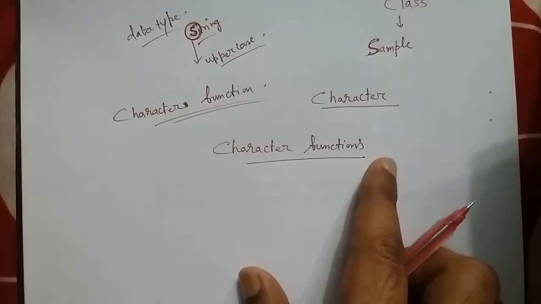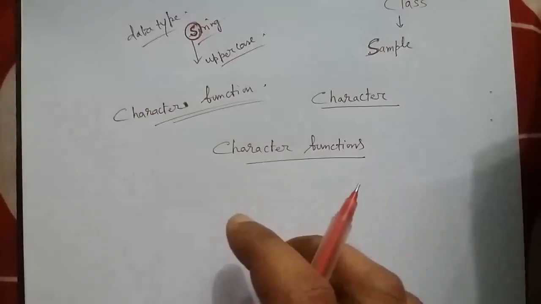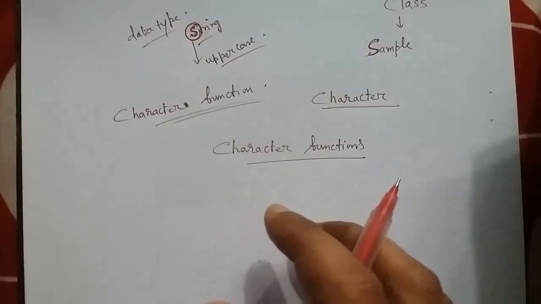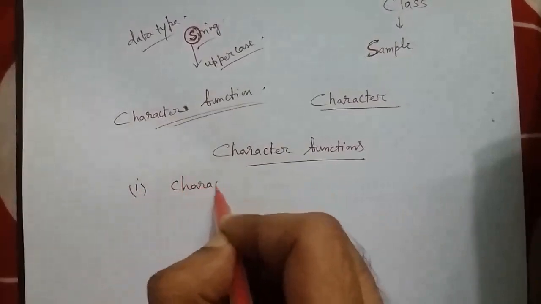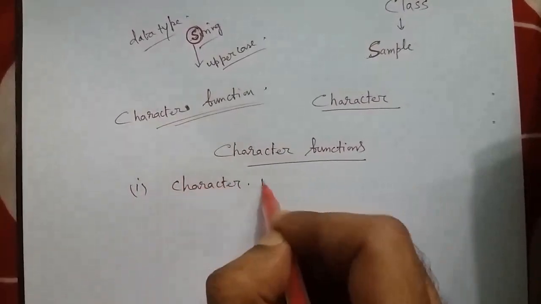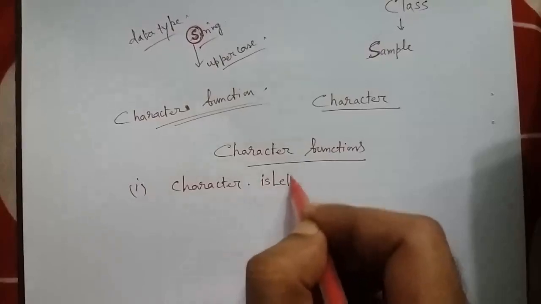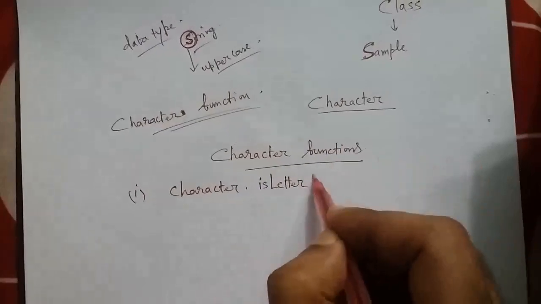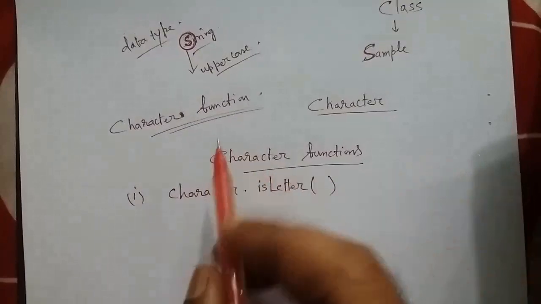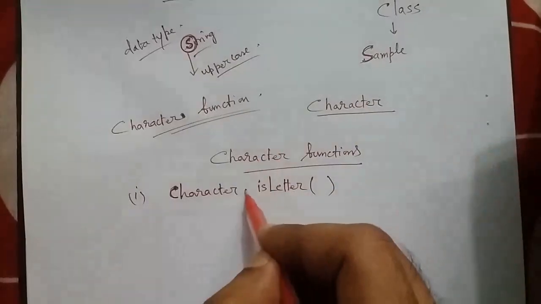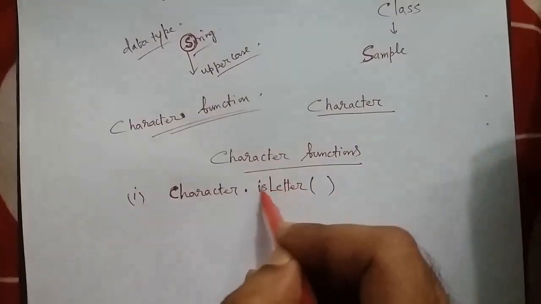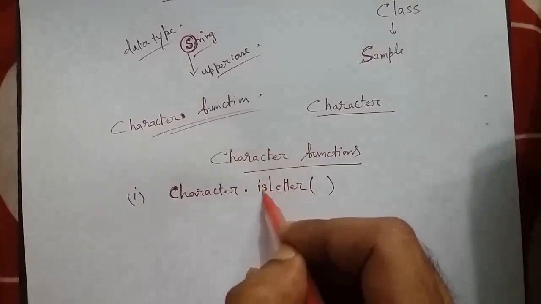So character functions are, number one, Character.isLetter. How is this written? As you can see, Character is a wrapper class, that's why C is capital. Then dot is used, and after that isLetter.